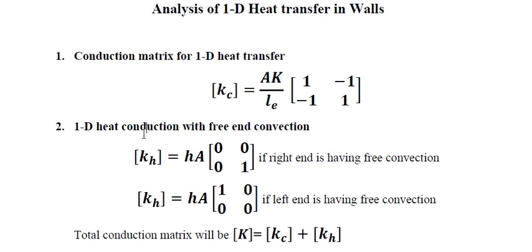Now the next one is 1D heat conduction with free end convection. Convection is of two types: one is end convection, the other one is surface convection.